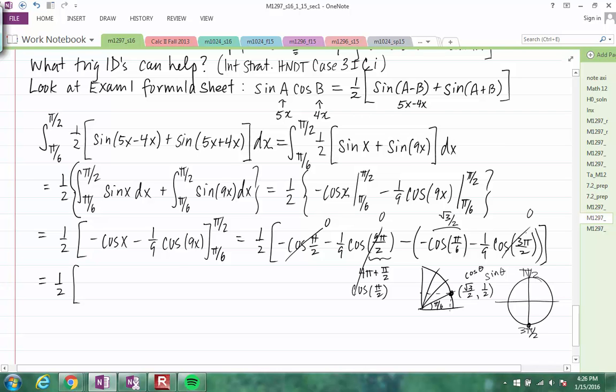So kind of lucked out with a lot of zeros here. And I got minus and negative here, so I have square root of 3 over 2. And that's it. I'm just verifying my work here. Looks good. So square root of 3 over 4. And that's it for this example.